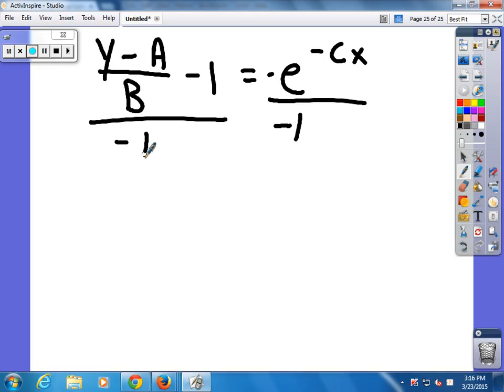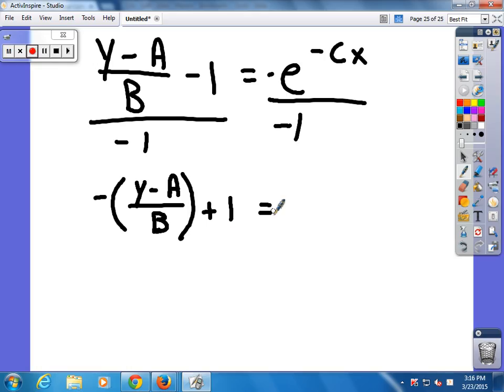Same thing. I'm going to put parentheses in front of this. That's going to be negative y minus a over b plus 1 is equal to e to the negative cx. Now at this point, you've got it to where you can solve, but all we've used is nothing but algebra.